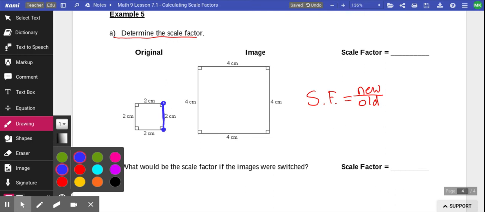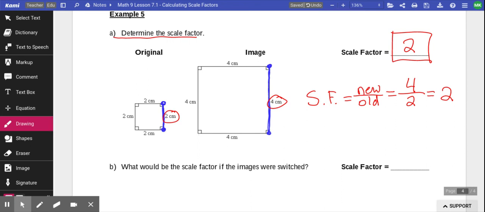Then I need to figure where that same side would now be on my new image. That same side would be over here on my new image. I then can put my new divided by my old. So my new length is 4 divided by my old length, which is 2. Put that in my calculator. It's a scale factor of 2.